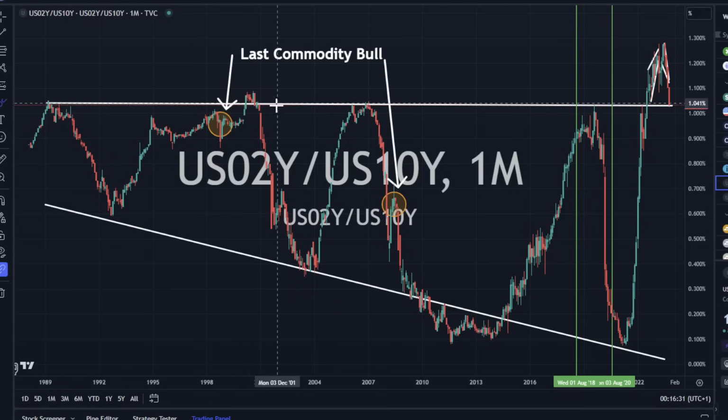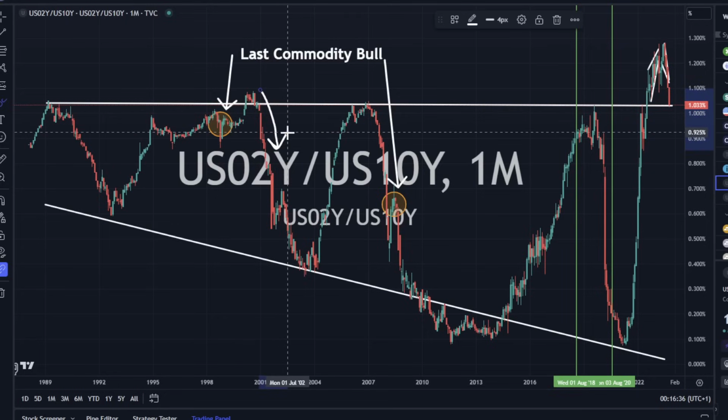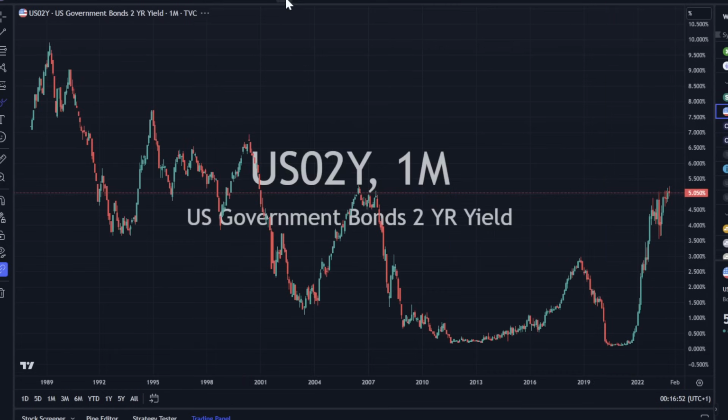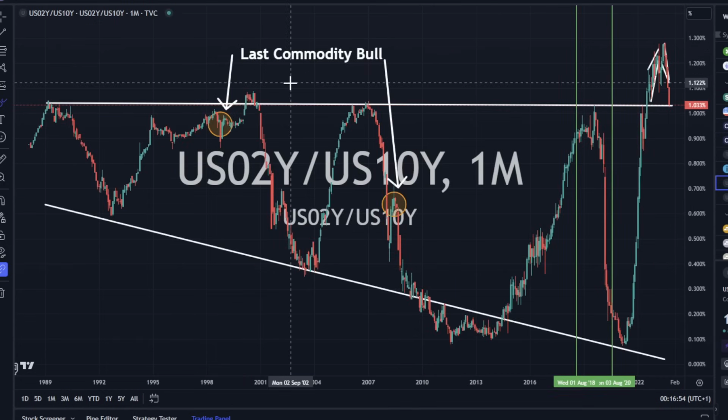And when they buy a bunch of bonds, that generally pushes the 2-year back down. It pushes the whole yield curve back down. So you'll see the 2-year, the 10-year, the 30-year all start to come back down. And what that means is that when yields go down, there's more buying pressure in bonds. And people generally load up into bonds when there's a problem in the market.